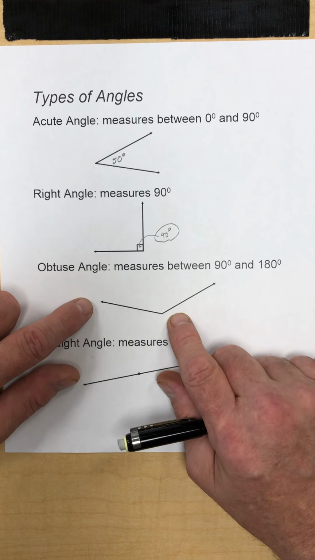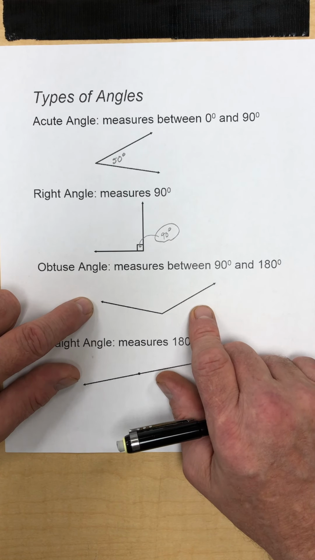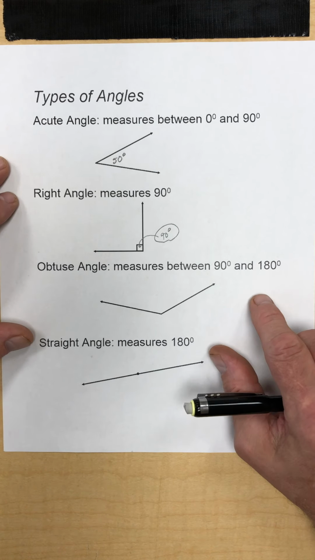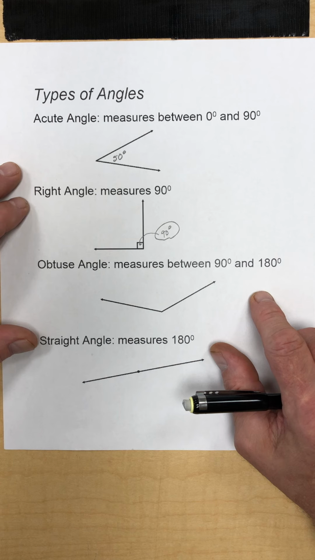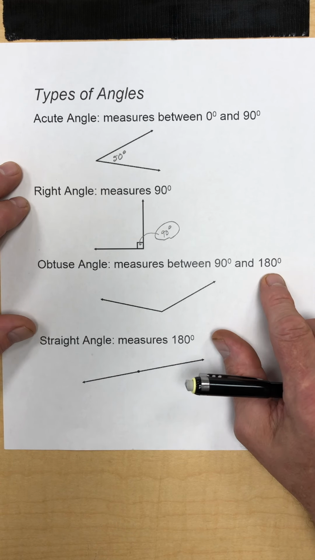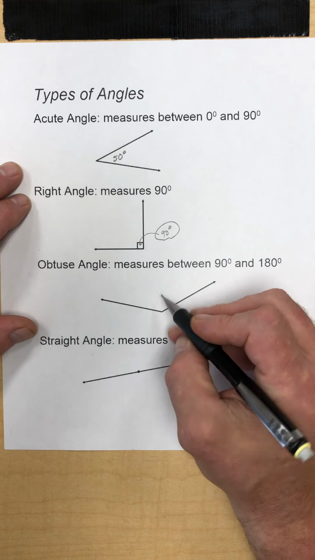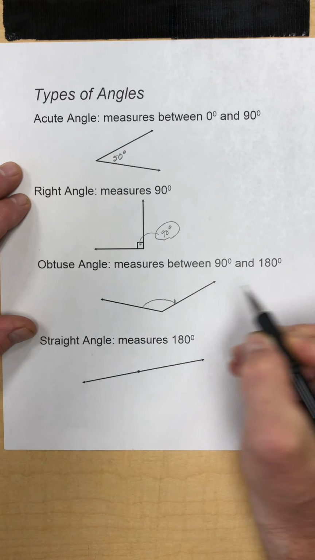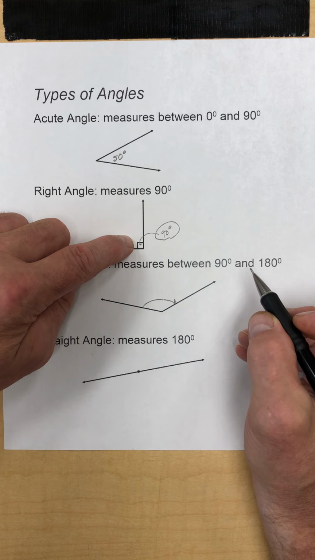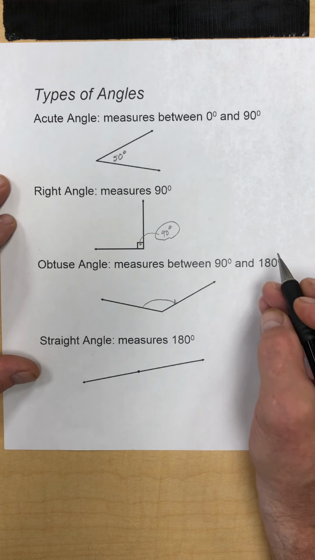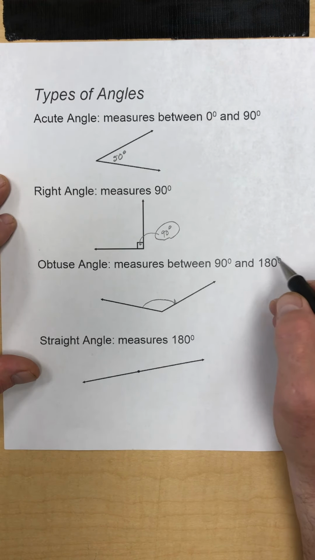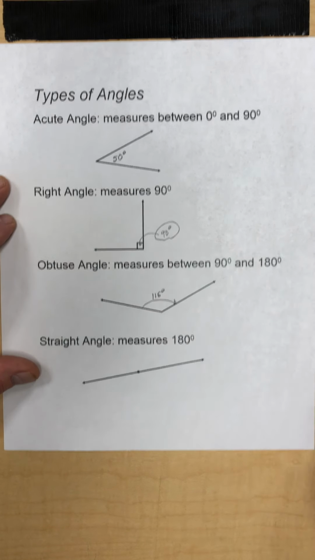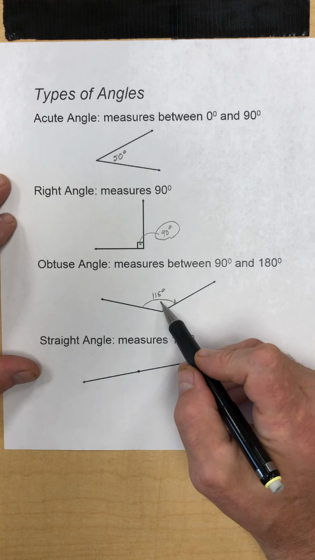Then we have something that's greater than 90 degrees but less than 180. In Euclidean geometry, which high school geometry is, we normally don't go beyond 180 degrees. So you look in here and something is definitely greater than 90 degrees. It certainly looks like it's more than a right angle. That might possibly be like 115 degrees, something like that. I'm just guessing here, just to give you an example.